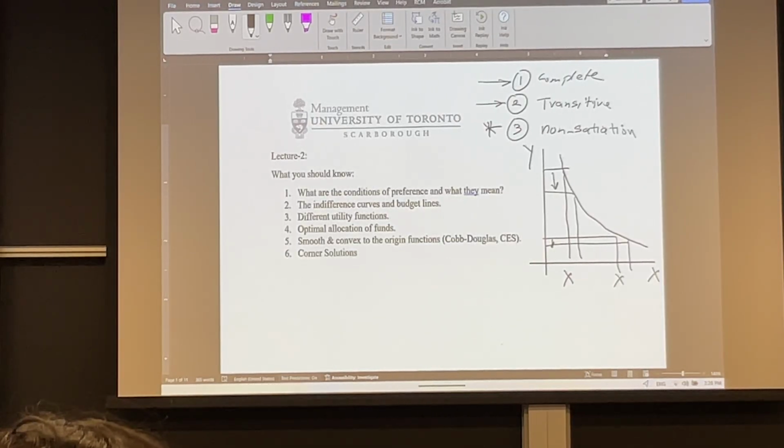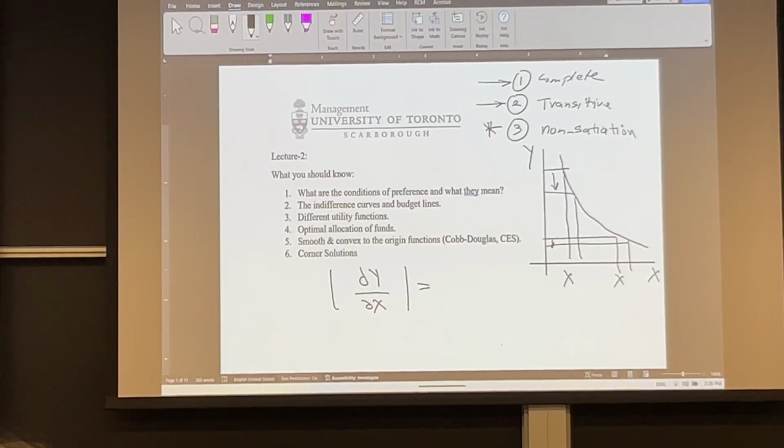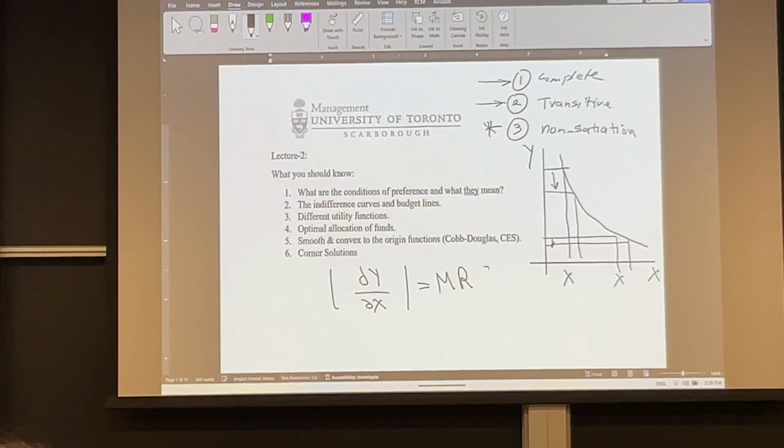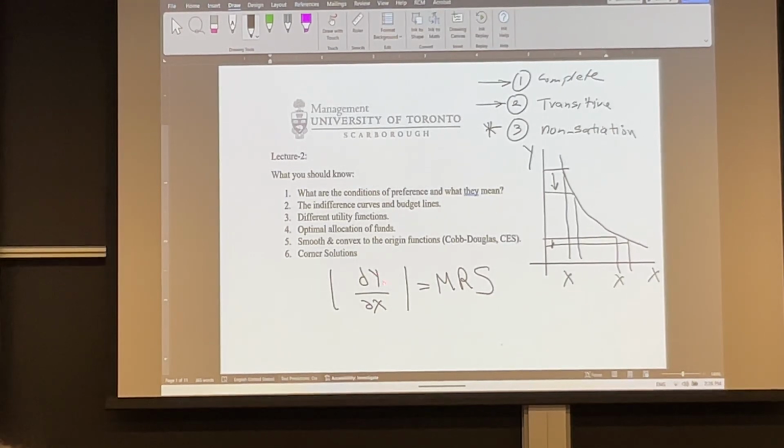The slope of the indifference curve, ignoring the sign, is called the marginal rate of substitution. That tells you how much y he gives up for an additional x.